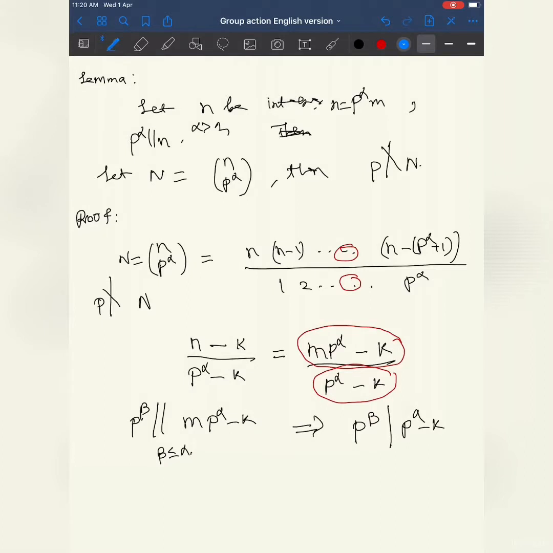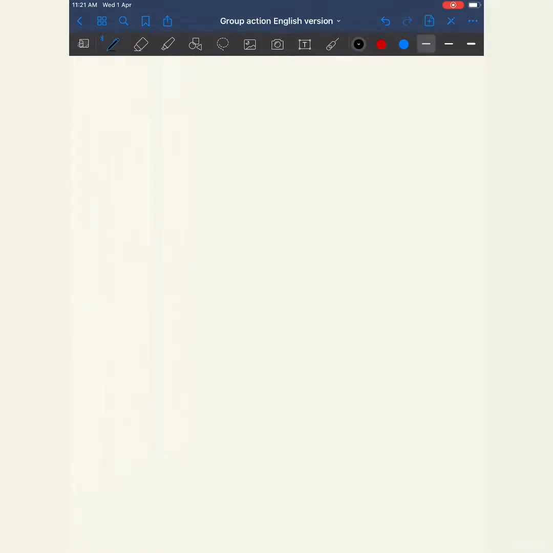Because here I am taking the maximum p power beta, that will also come from here. So whenever some p power beta divides a factor here, p power beta divides the corresponding factor there. So in each and every factor, all the p will go away, no p will remain. In that way p does not divide the binomial. Okay, for more information please refer to Algebra by Michael Artin.